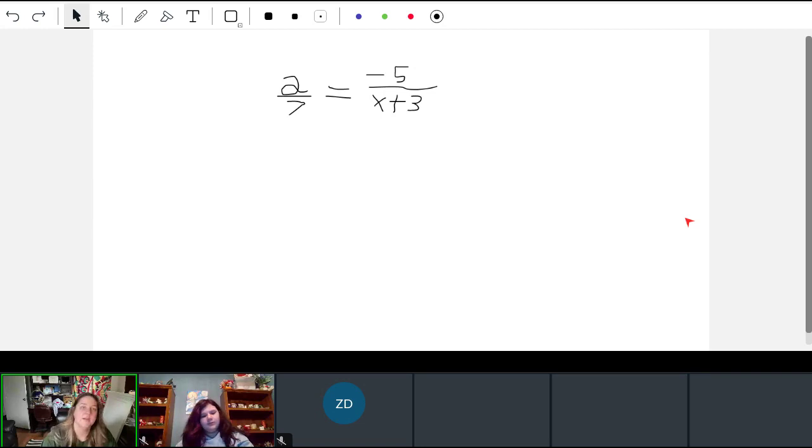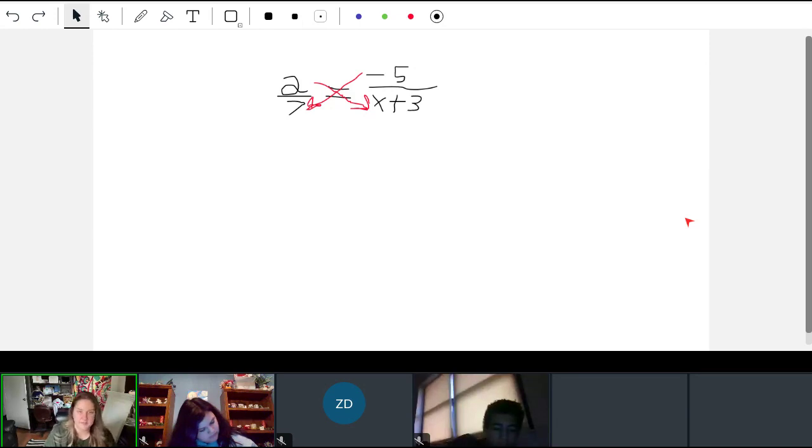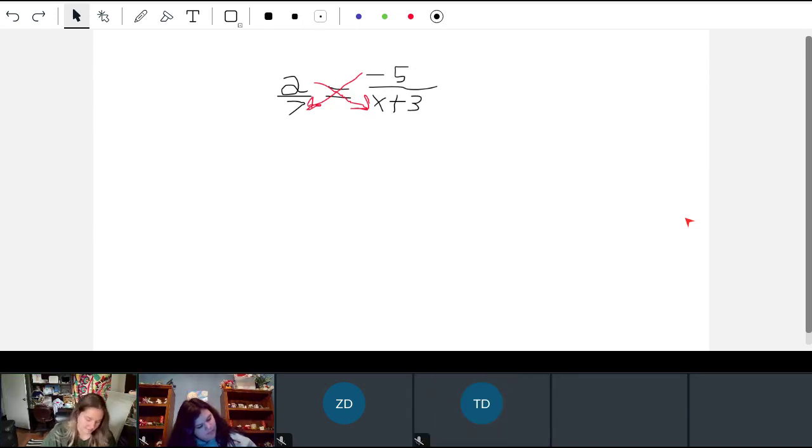Cross multiply. So go ahead. I like to use red just so you can differentiate between your arrows, and draw your cross. Okay. And then, so you're going to do the same thing here. This one is slightly different because it's x plus 3, but that's okay.